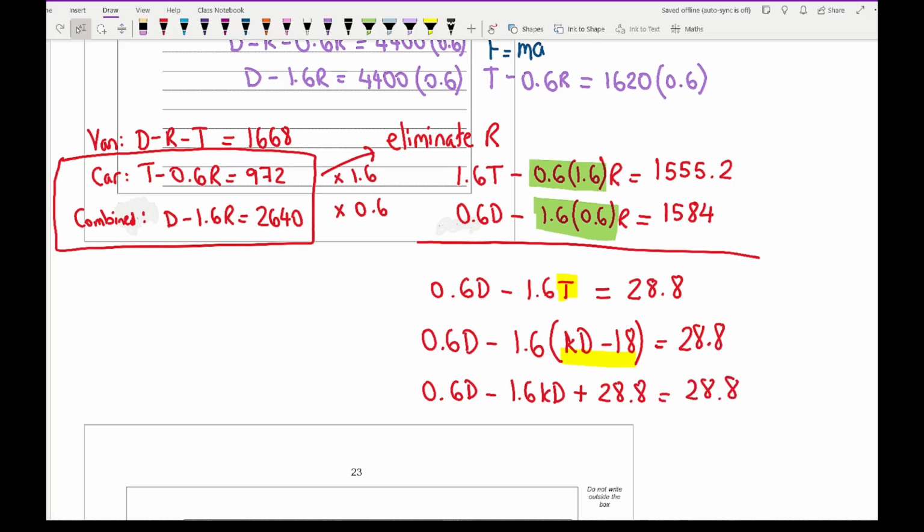If we subtract the 28.8 on the left side from the right side, we end up with a value of 0. So 0.6D minus 1.6kD equals 0. Subtracting 28.8 away from both sides leaves us with 0.